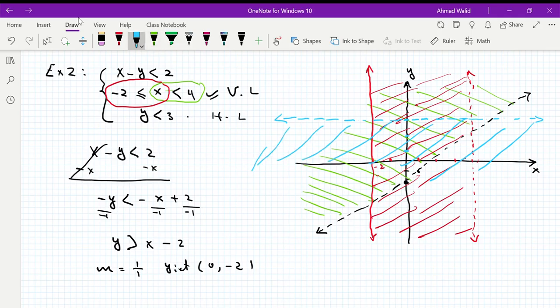Now, which side do I need? The place where all the shadings are overlapping each other, which is this area. You see, all the shades overlap each other.